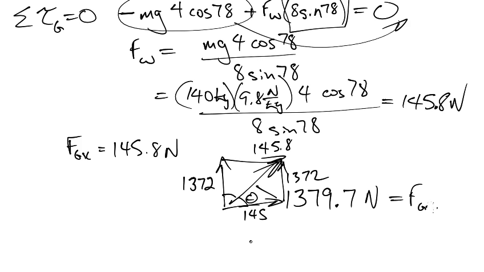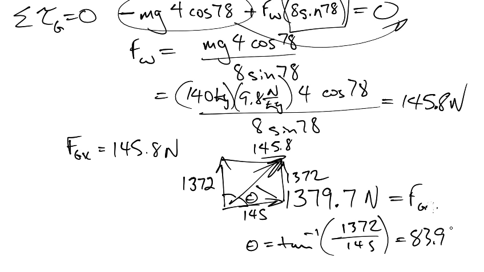So therefore, theta is going to be the inverse tangent of opposite over adjacent, and that's going to be 1372 enter 145.8 divided by, and then we go inverse tangent, and we get an angle of 83.9 degrees.